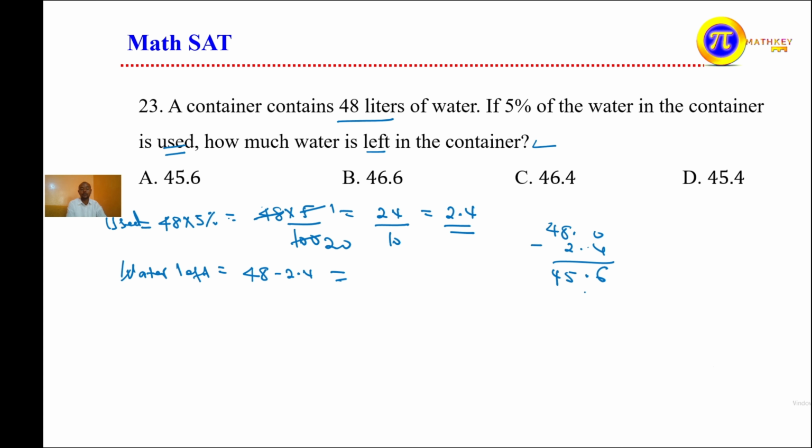Here 4. It becomes 45.6, which is equal to 45.6. The choice is A.